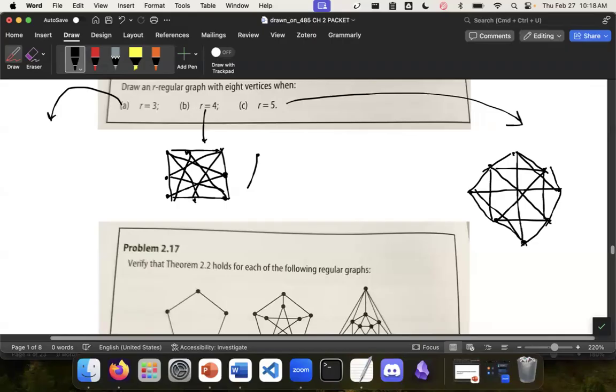There's verticals too. 1, 2, 3, 4, 5. 1, 2. I think I may have gotten all of those. And for A, we've got a simplified version of that.